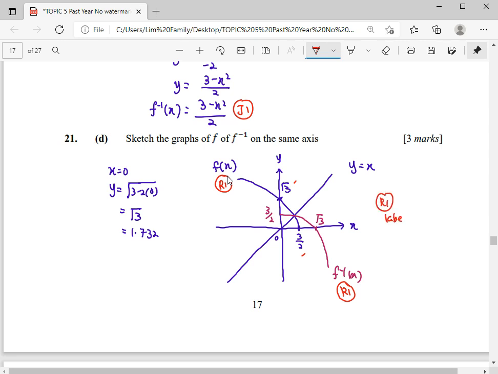So lastly, the mark is checked for labels. For your labels, are they complete? Your x-axis, your y-axis, your reflection, your function, your f inverse, and then your points, your sqrt3, your 3 over 2, your origin. So for every label, complete the labels.